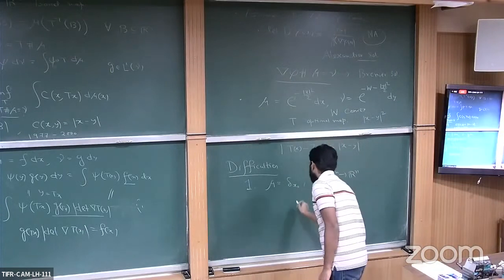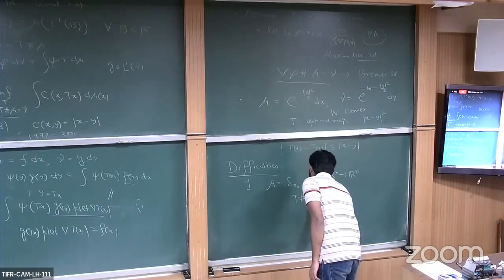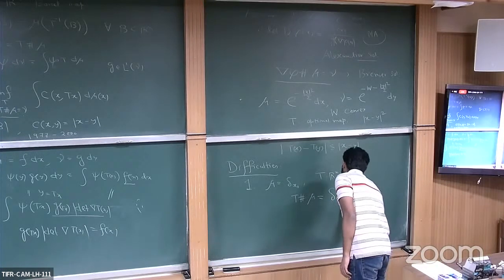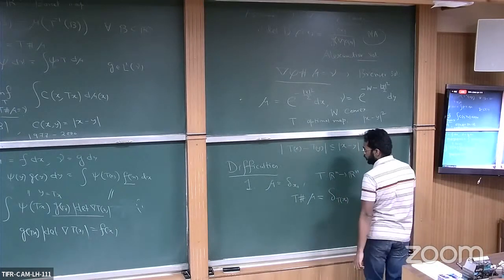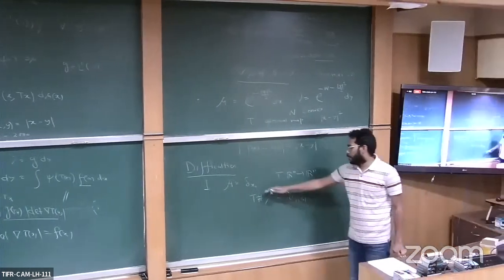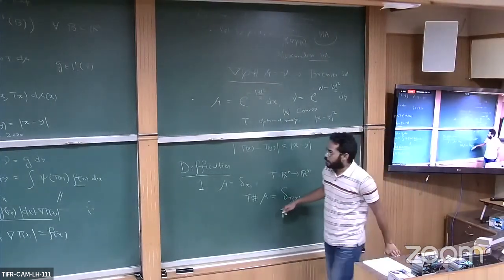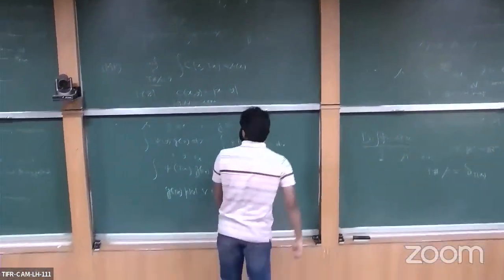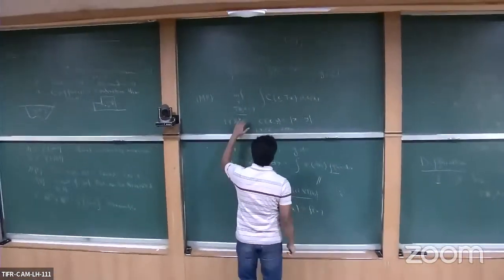If you compute the push forward, you will find that it is just the Dirac mass located at T(x naught). So basically, the push forward of a Dirac mass is a Dirac mass. So if your target measure is other than a Dirac mass, you don't have any T, and therefore the set of all such constraints is empty.